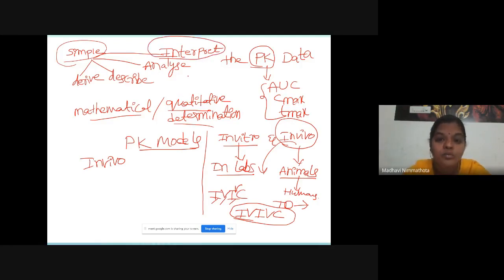See how these pharmacokinetic parameters play a major role in analyzing a new drug or bringing a new drug into the market. These pharmacokinetics are very important to know the efficacy, therapeutic activity and pharmacological activity of a particular drug. These pharmacokinetic models are classified into three different types.